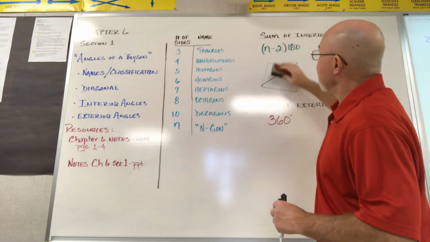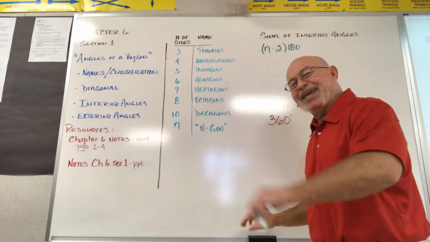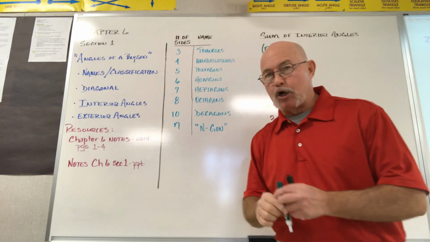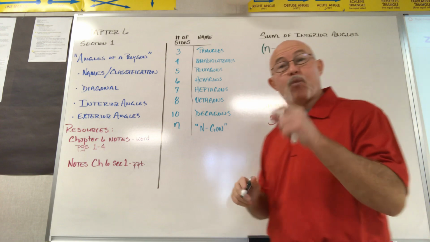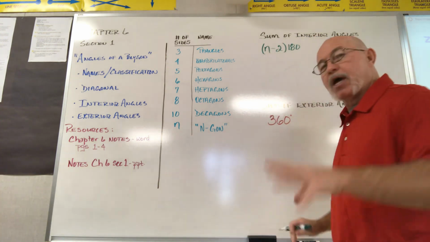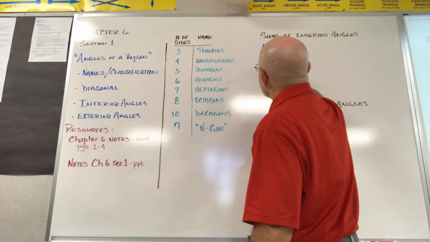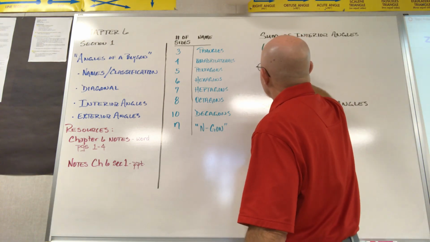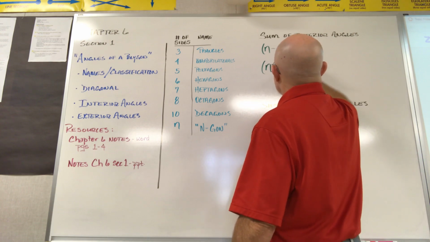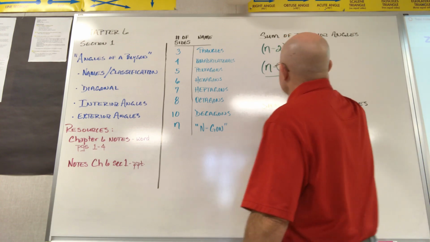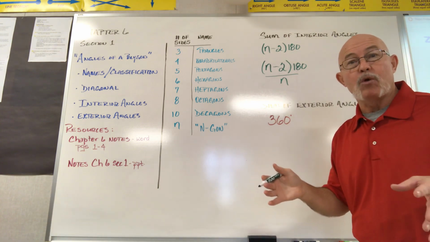Now, the next thing: if it is a regular polygon and you're asked to find the measure of one angle, take the sum and divide by the number of angles. All you're doing is adding that to the equation, nothing more.